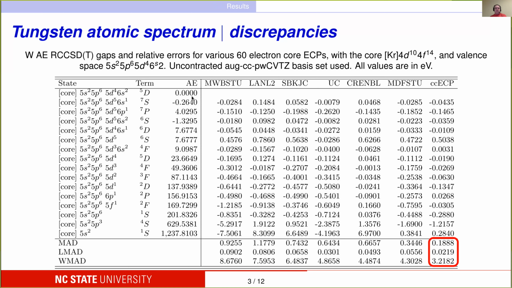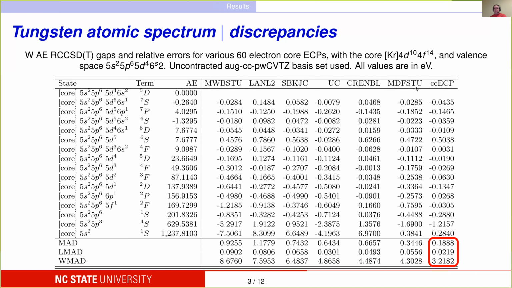All of these values are in eV for the gaps. The MWB, Lanl, SPKJC, Stuttgart, MDF-STU, these are all previously tabulated ECPs that are available to the field. And these are their discrepancies with respect to the gaps on the left, in eV.